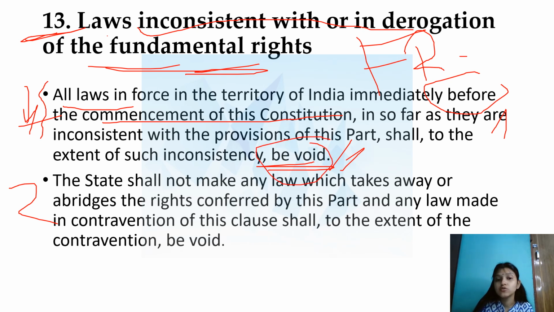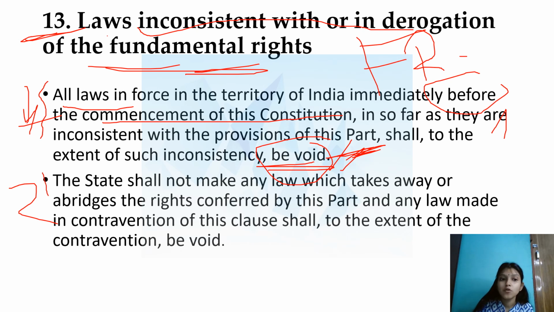The laws which were there before the commencement of the Constitution, if they are inconsistent with fundamental rights, if they are not respecting our fundamental rights, if they are creating problems that affect us in enjoying our fundamental rights, will be declared void. Regarding this, we have many case laws which we will discuss later.